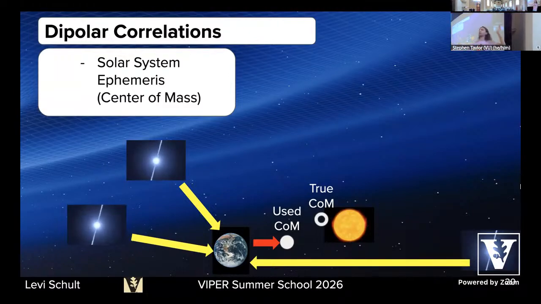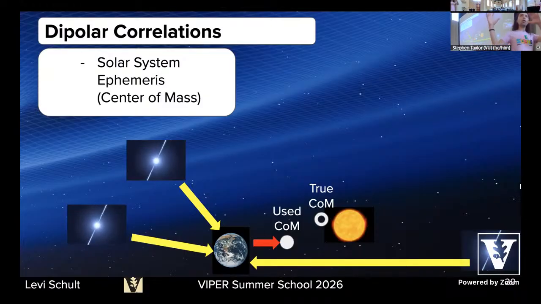The Earth's also moving through its orbit. You don't want the solar system's orbit and the Earth's orbit to affect our time of arrivals. So you translate them to the center of mass of the solar system using a solar system ephemeris.